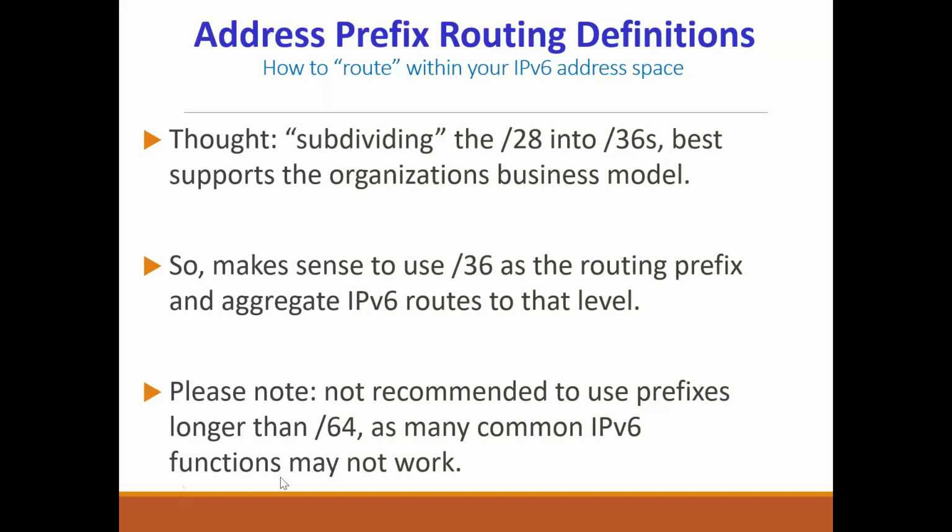We'll talk about SLAAC, and I think Nalini's already covered that in previous presentations as well. So just note that. If you don't want to use /36 and you use something else, don't use something like a /72 as your default routing prefix. So I think that's all on that page.